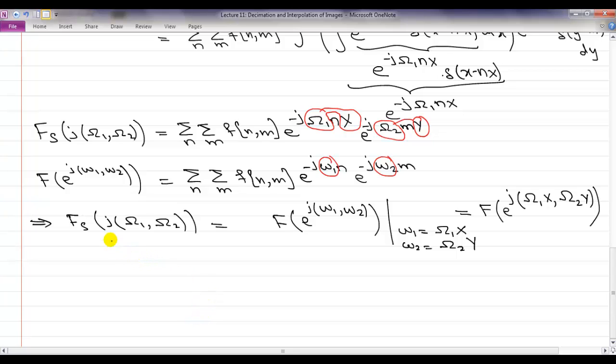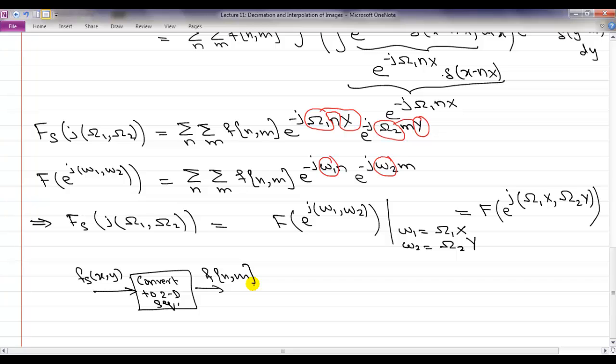So what this is saying is the Fourier transform of this Dirac comb, if you take this Dirac comb fs(x,y) and you convert it into a 2D sequence f[n,m], the effect of that is that your frequency axis simply gets scaled. Nothing else changes.